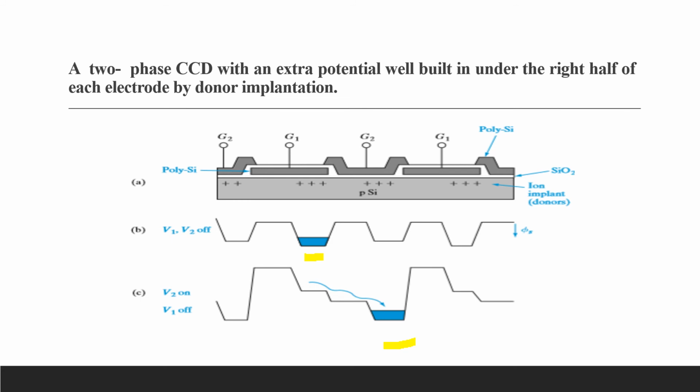Then with both gates off, the wells appear as in B again.